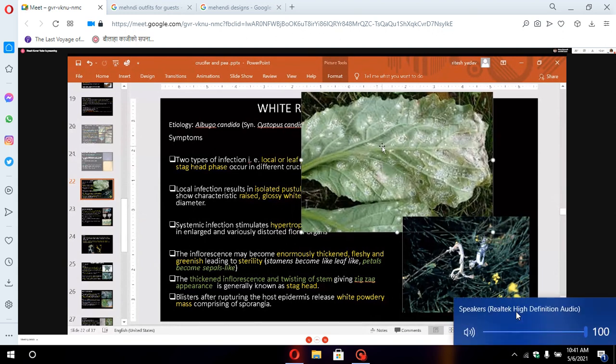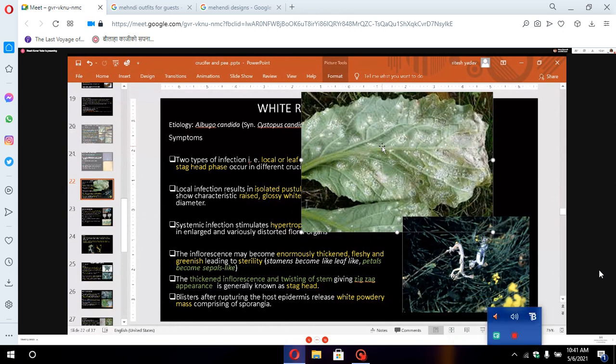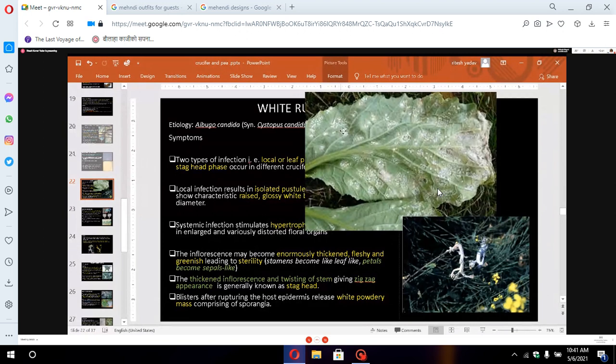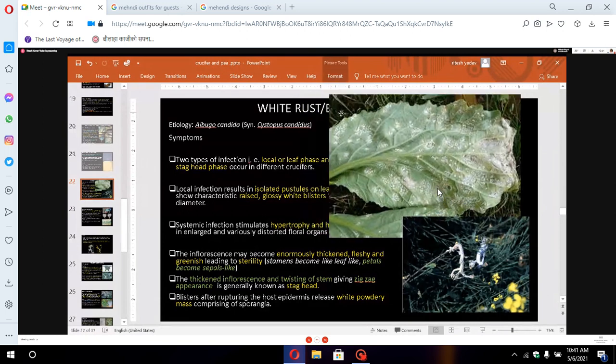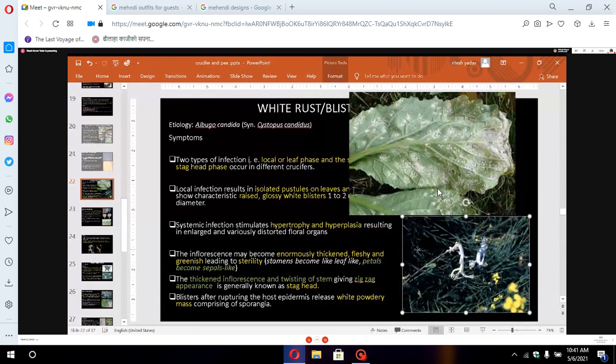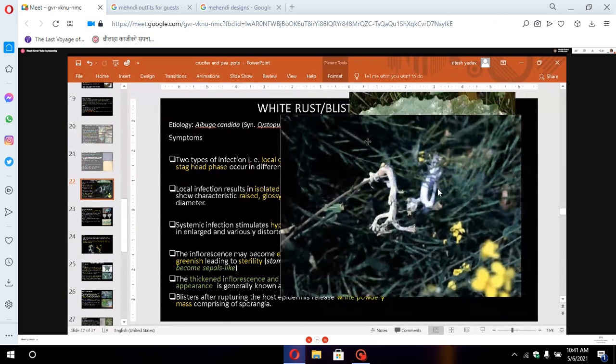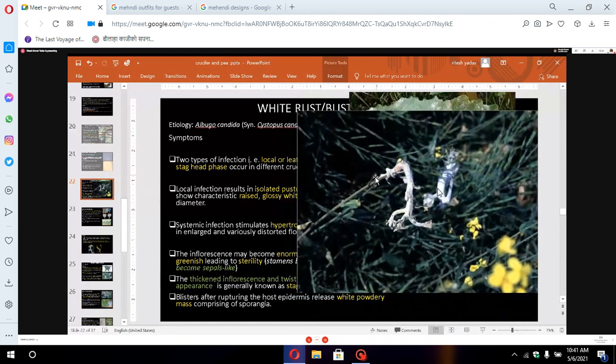This is not a systemic infection. The pustules are slightly raised in the initial stage and glossy, and if infection proceeds to the inflorescence, it can cause systemic infection.